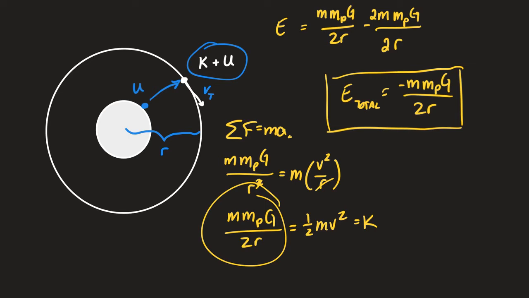It comes from setting the kinetic energy equal to the potential energy. Energy in orbits is conserved. So the sum of the potential energy plus the kinetic energy remains a constant, even in elliptical orbits.